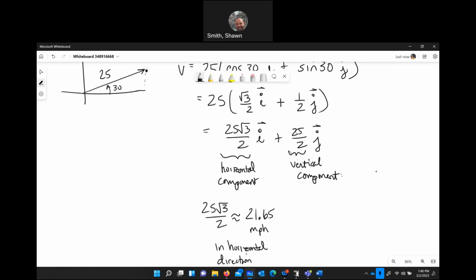And then 25 divided by 2 is 12.5, vertical direction. You don't see these, right? The ball is traveling on the diagonal. But those are the two components that are forming that 25 miles an hour at the 30 degrees.